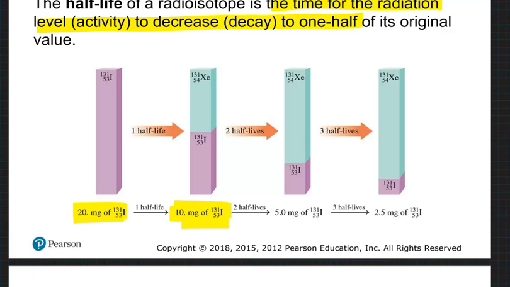Okay? Does that make sense? And whatever was changed, neutrons maybe got emitted or whatever, okay? And then another half-life, it's half of 10, and another half-life, it's half of 5, okay? So it's not 10 milligrams every half-life. You cut it in half.